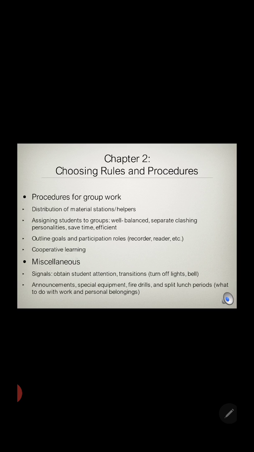And cooperative learning, which is going to be part of our next lesson. Outline goals and participation roles. Make sure every student has a role inside the group they are working with.